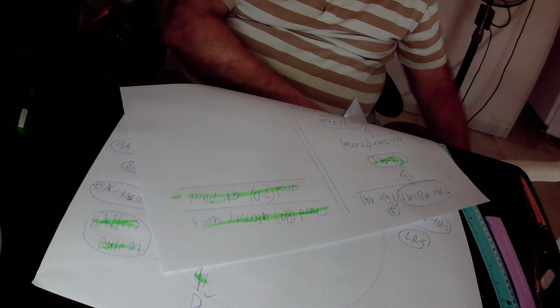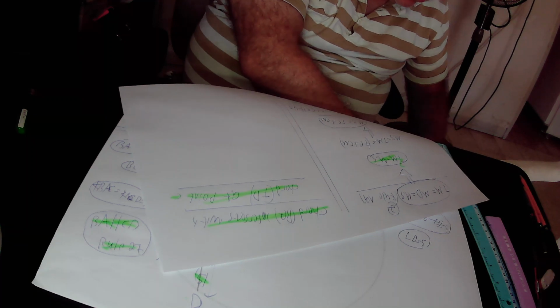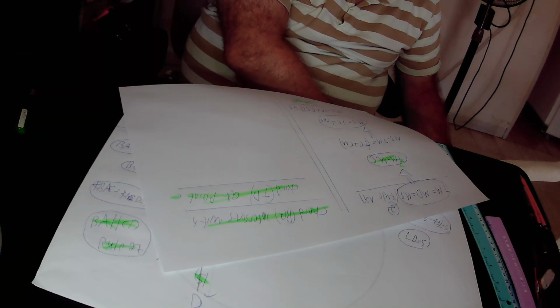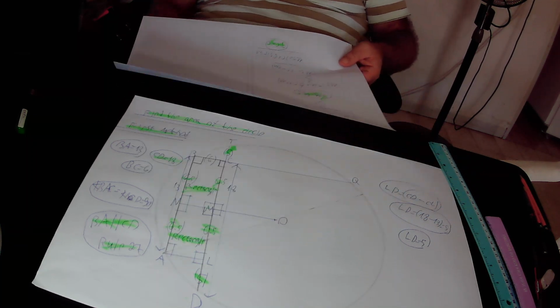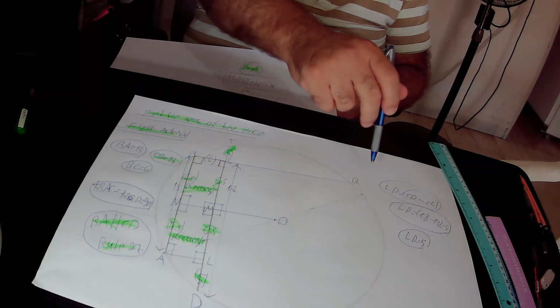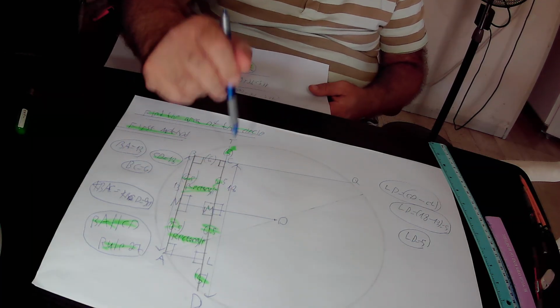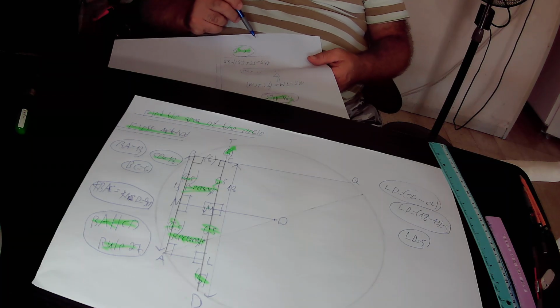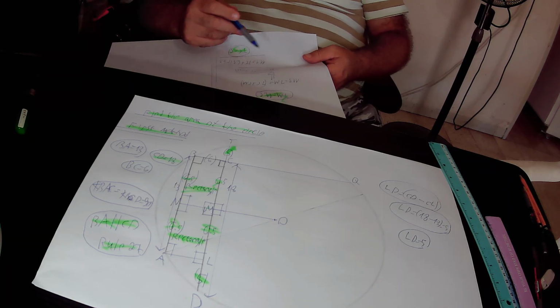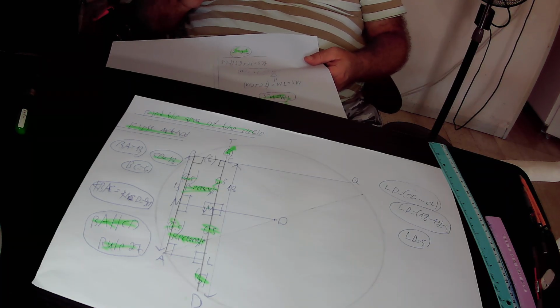Why? Because as I already mentioned before, we have in our drawing two chords that intersect with each other. Chord BQ intersects with chord TD at point C. So all the requirements of rule 15 are satisfied, and therefore we can implement rule 15.